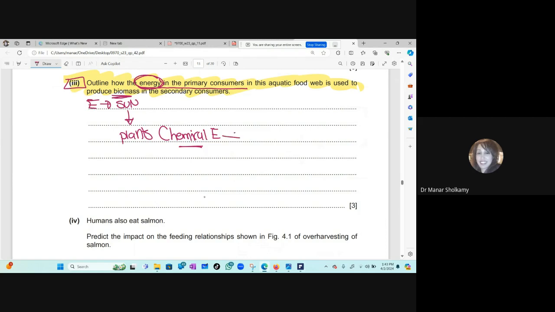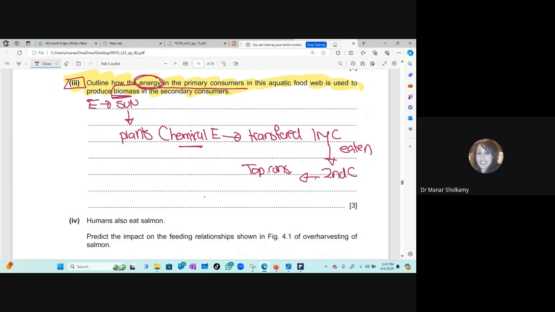Okay, this chemical energy will be transferred from the plant into the primary consumer. And then when the primary consumer is eaten by the secondary consumer, the chemical energy will be transferred, and so on until the top consumer. How will it be transferred? By ingestion. It will be eaten.